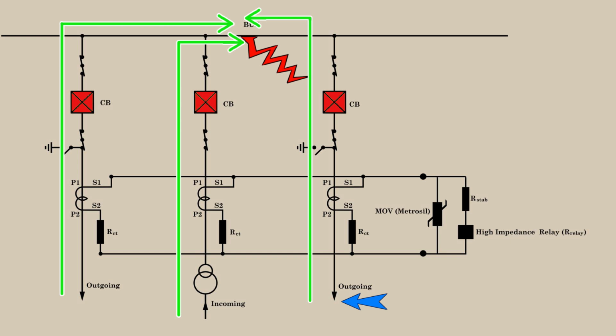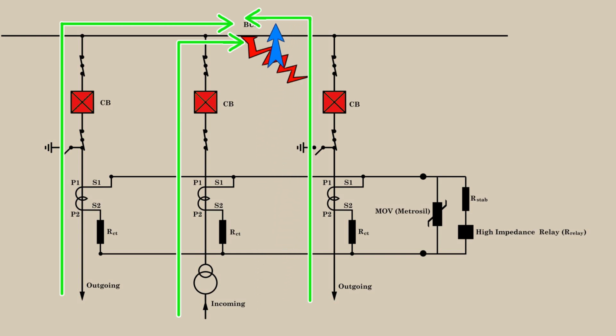Now observe the direction of the current. The current through this outgoing feeder flows towards the bus. The direction of the current through the incoming feeder is also towards the bus, meaning towards the faulty point. The direction of the current of the other feeder will also be towards the bus, i.e., towards the faulty point.